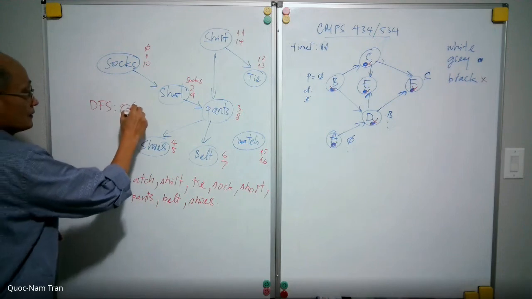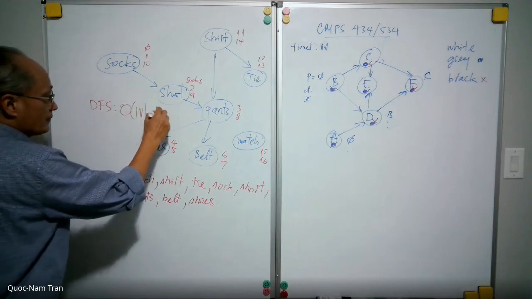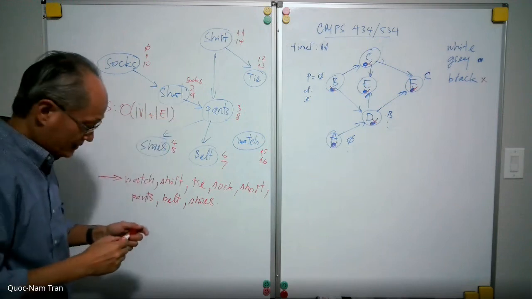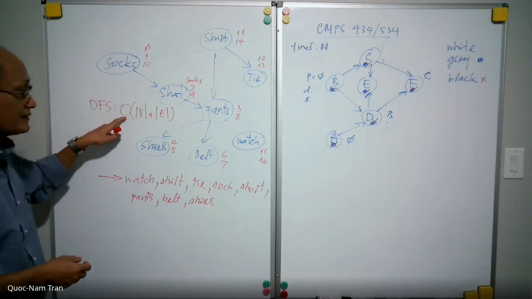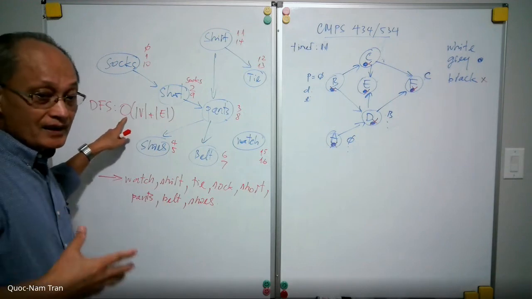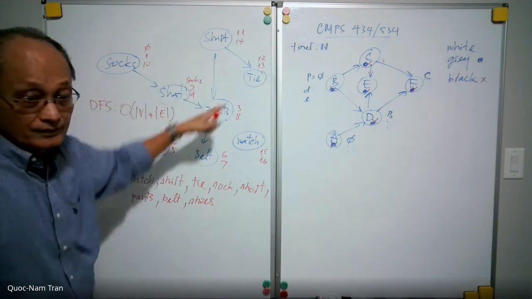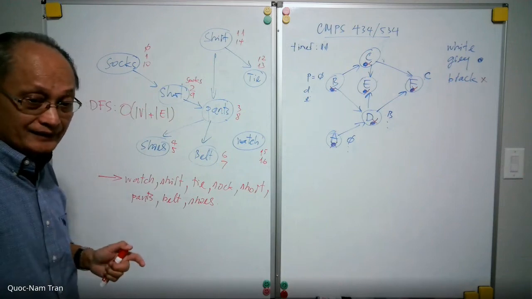Big O, number of vertices plus number of edges, right? Okay, so that is the complexity of DFS. So basically it's at most n squared, where n is the number of vertices, instead of n factorial, right?